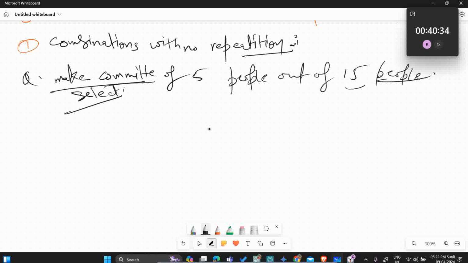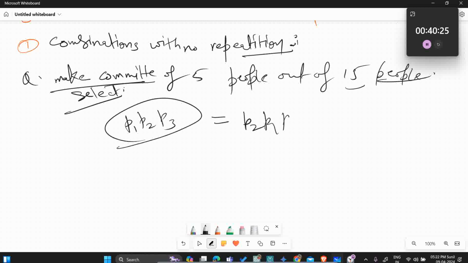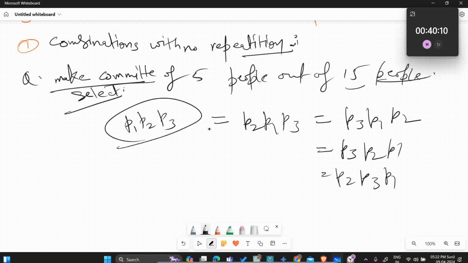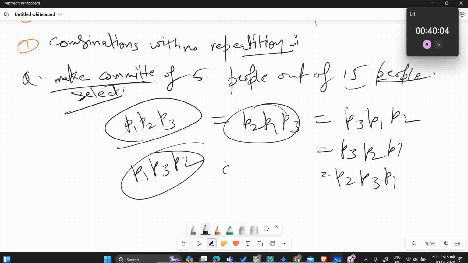Let's say P1, P2 and P3 are 3 people. This is equivalent to P2, P1, P3, and equivalent to P3, P1, P2, and also P3, P2, P1, and P2, P3, P1, and P1, P3, P2. These are all equivalent because order does not matter.